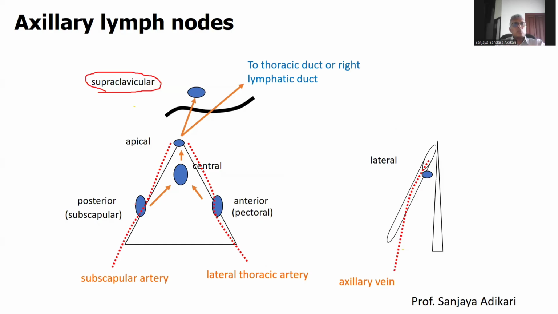Then the posterior group, since they are very close to the subscapularis muscle, are also called subscapular group, and they lie along the subscapular artery. The lateral group lies along the axillary vein in the proximal end of the arm. The apical one lies in relation to the apex of the axilla. So even though I have drawn it here, it should be high up somewhere here, behind the clavicle line.